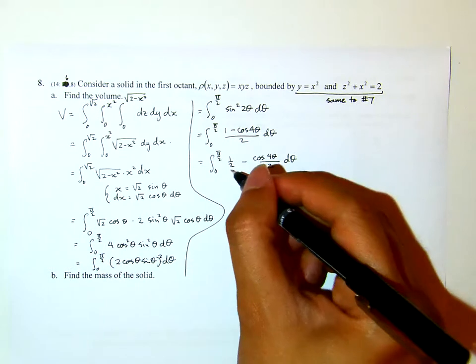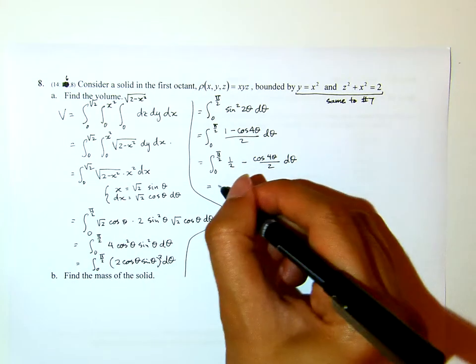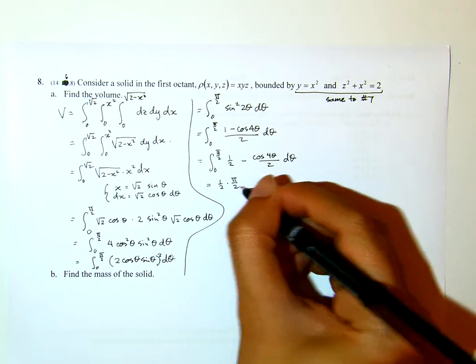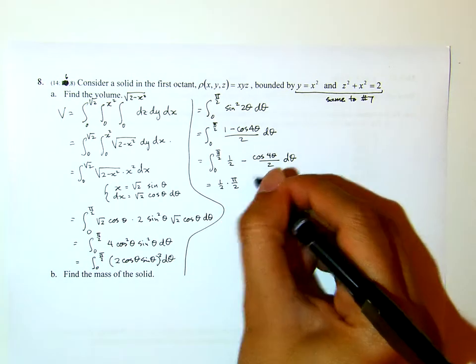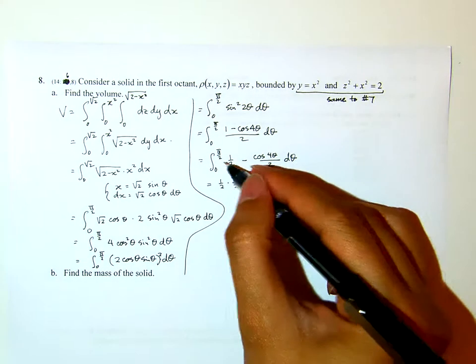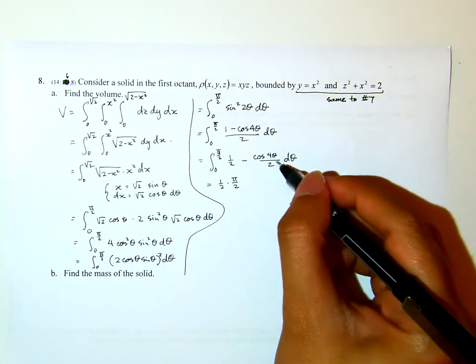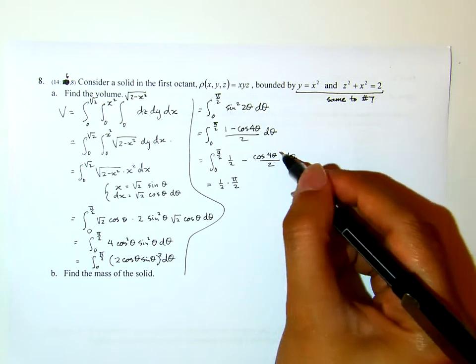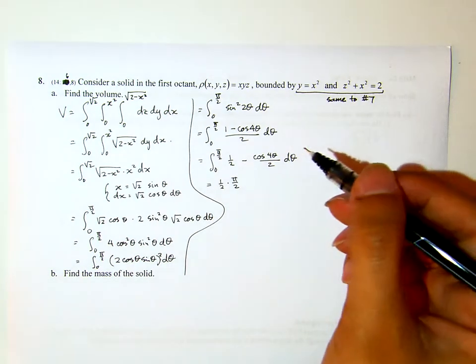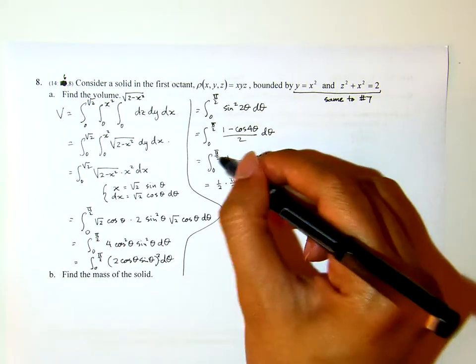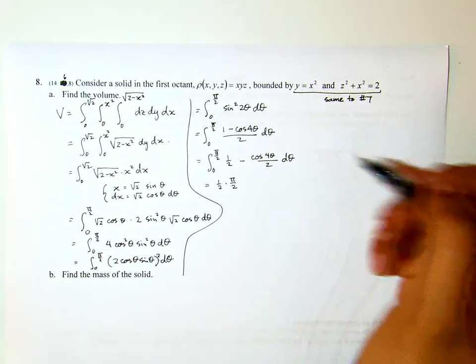Now the first term will be 1/2 times the length of the interval, which is pi over 2, so 1/2 times pi over 2. And for the second term, notice that the period of this is pi over 2. In other words, if I integrate that from 0 to pi over 2, it will be 0, right?